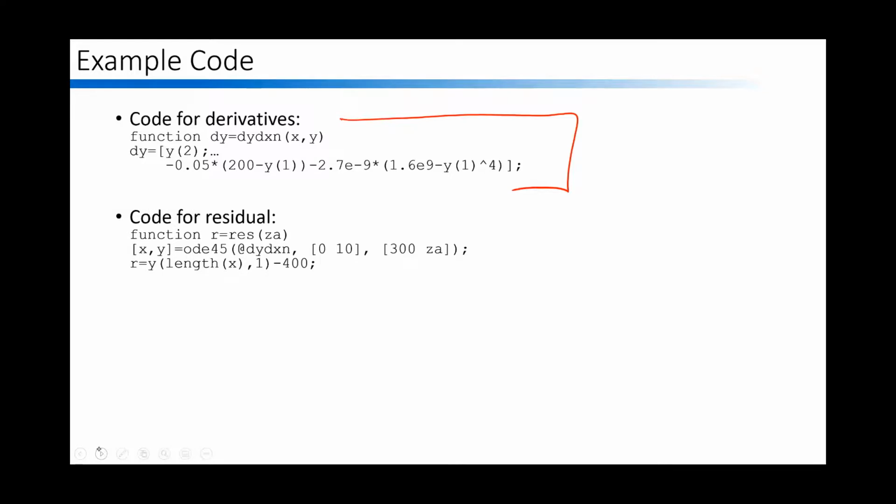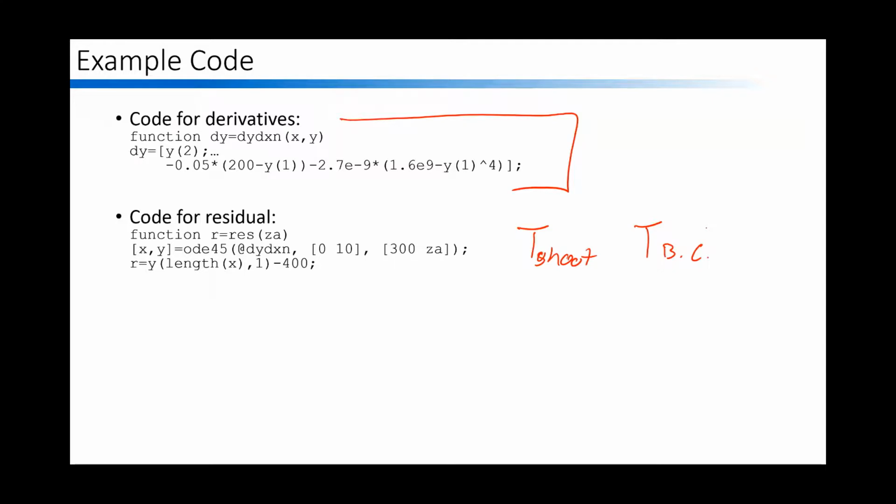Then I need to calculate a residual. This is going to be how far off am I, right? So what I need to know is the difference between T shooting and T boundary condition.